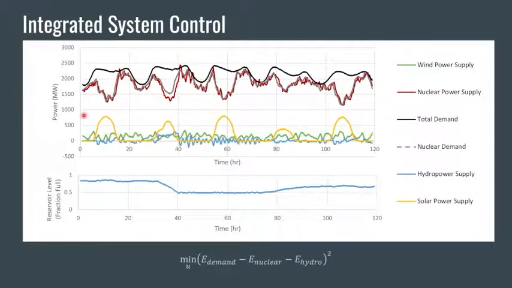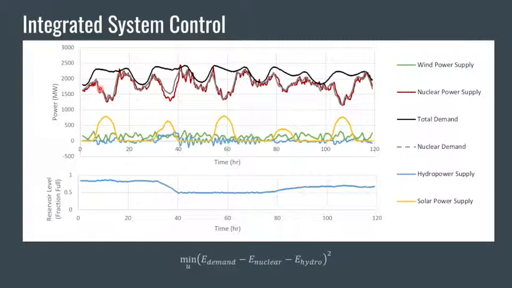And this energy combined with the nuclear power in red is needed to fulfill this entire demand profile here in black. Because solar and wind were not controllable, they simply removed a portion of that demand at any given time and created this line in gray, which is the demand from nuclear, which is also at times satisfied by some of the hydropower.